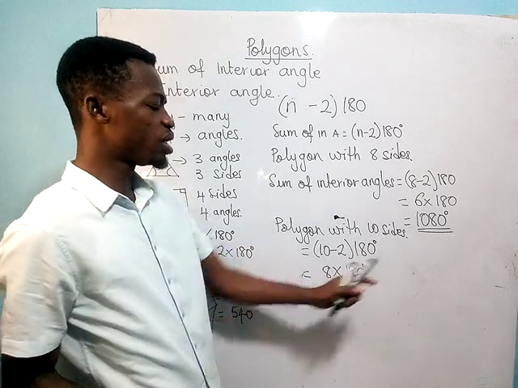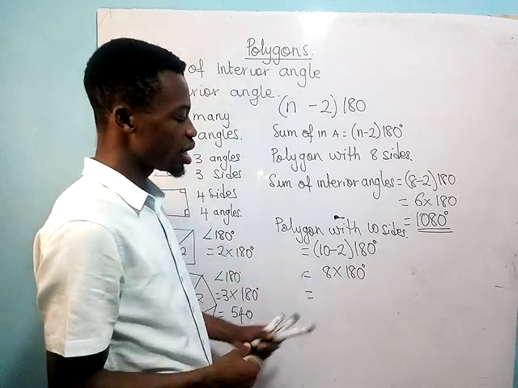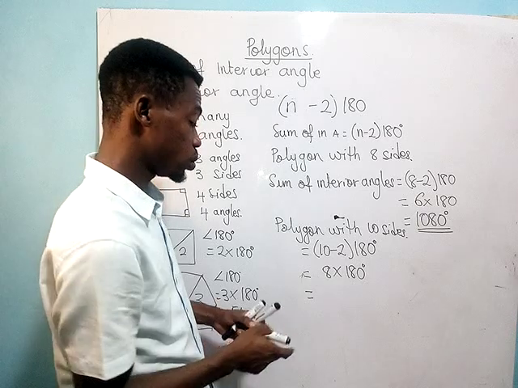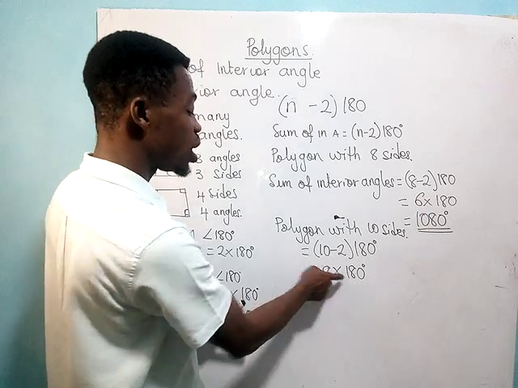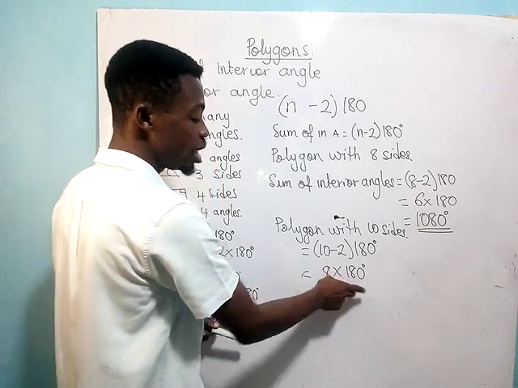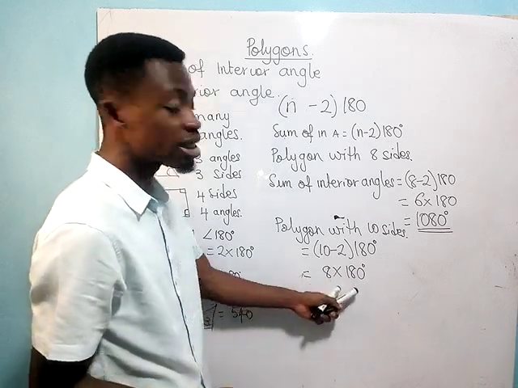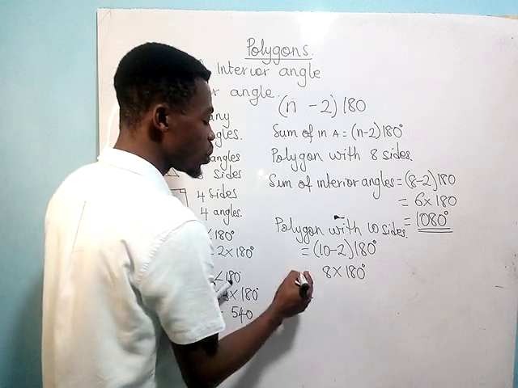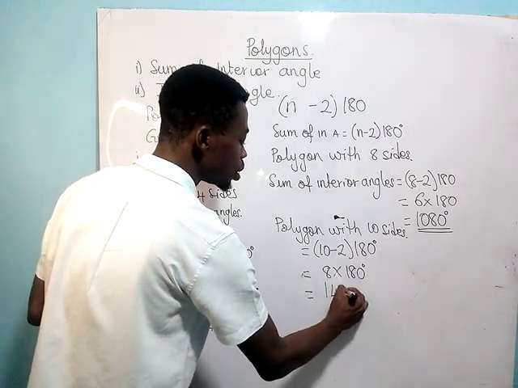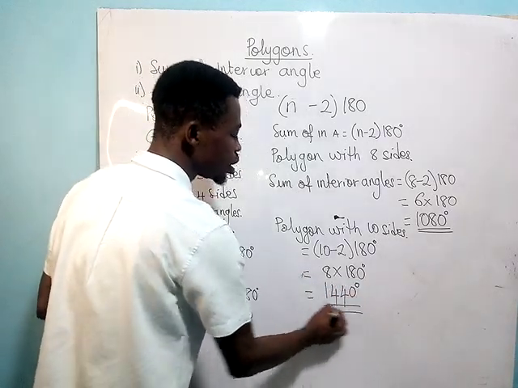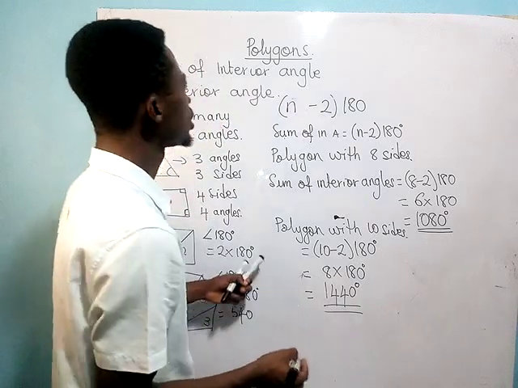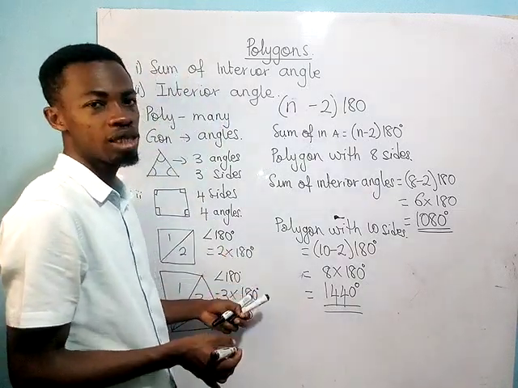Now 8 times 100 is 800, and 8 times 80 is 640. So when we add 640 to 800, we obtain 1440 degrees. So this is the basic concept of the sum of interior angles.